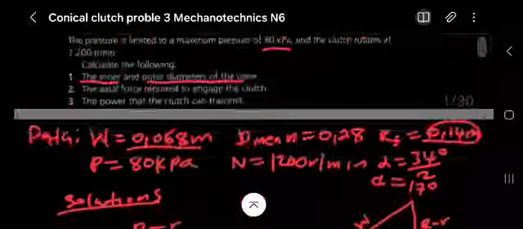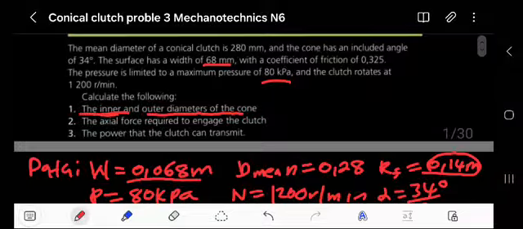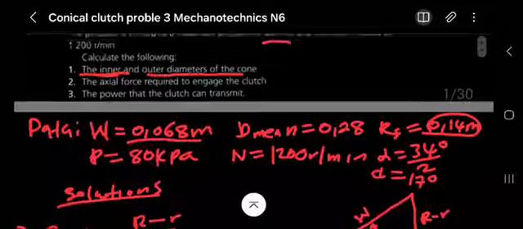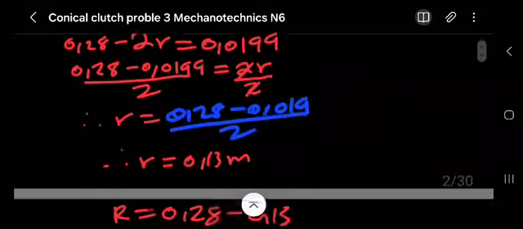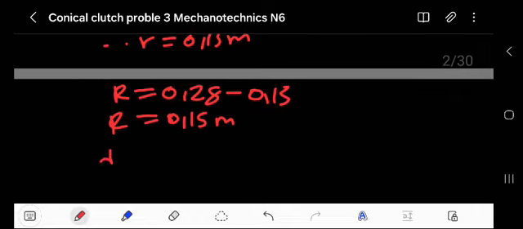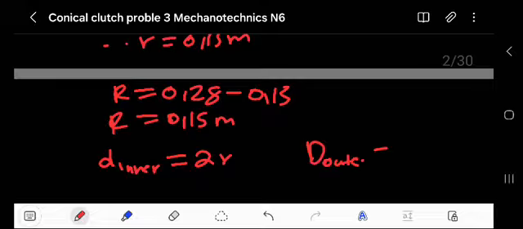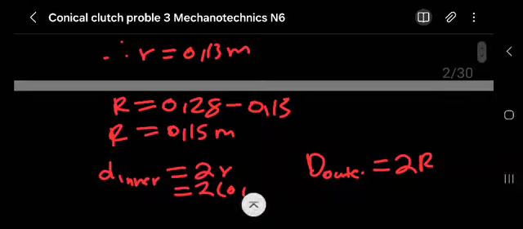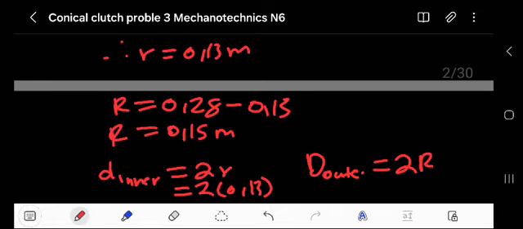But what the question stated, they want the inner and the outer diameters, not radius. So we know that the inner diameter will be 2 multiplied by r. Then the outer diameter will be 2 multiplied by R. So here I have 0.13, and here I'll have 0.15.